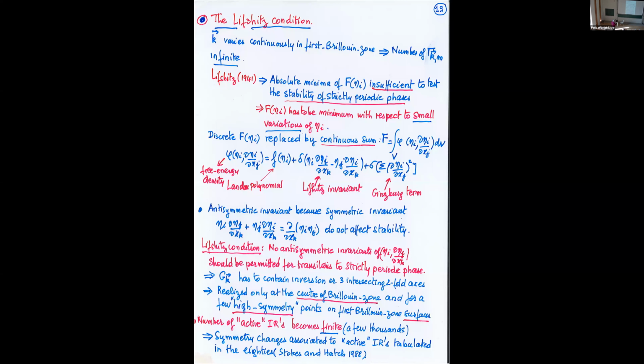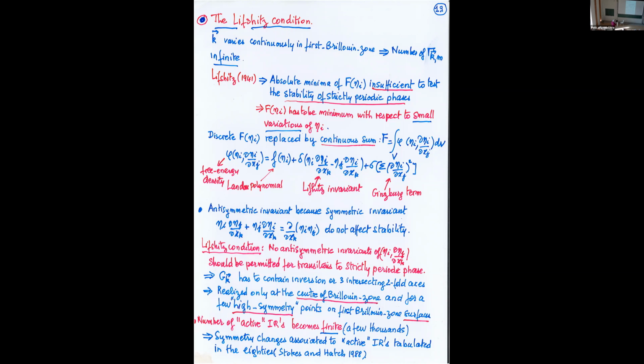What we have is the product of the order parameter multiplied by one of the derivatives. This we have because it is proportional to eta squared, and eta squared is invariant by the symmetry operations of the parent state.